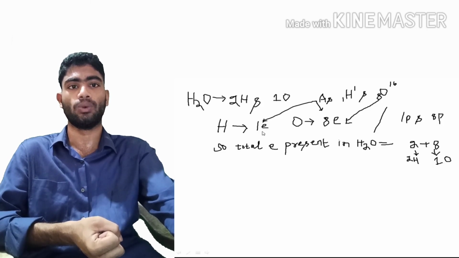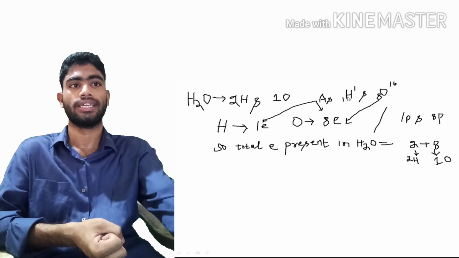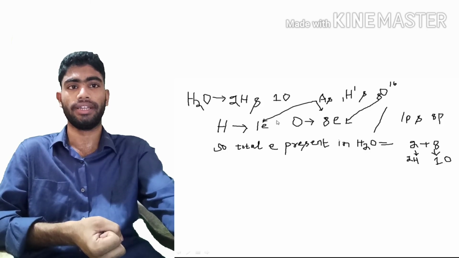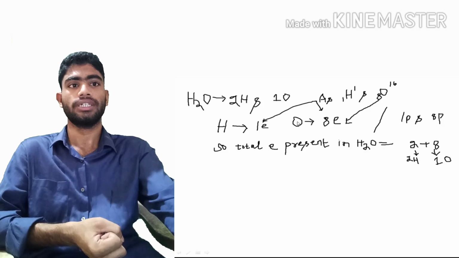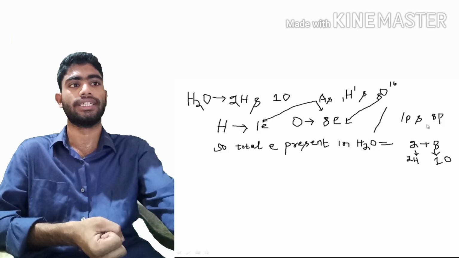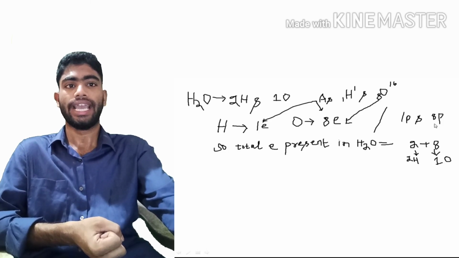One hydrogen contains one electron because it is represented as H1, which means its atomic number is 1. Similarly, oxygen has the atomic number 8, so it contains 8 electrons, or you can say 1 proton for hydrogen and 8 protons for oxygen.